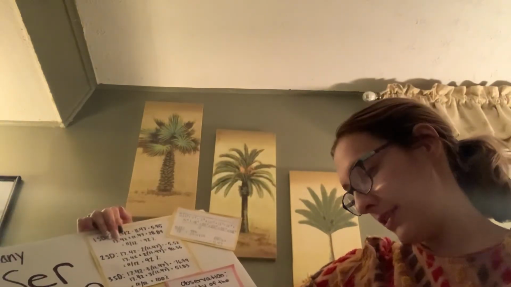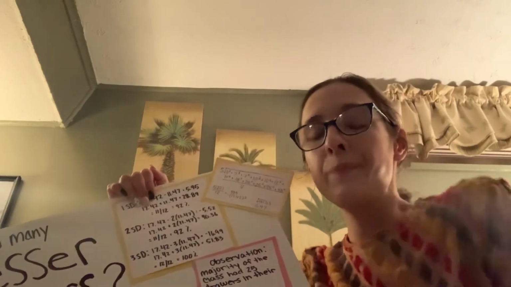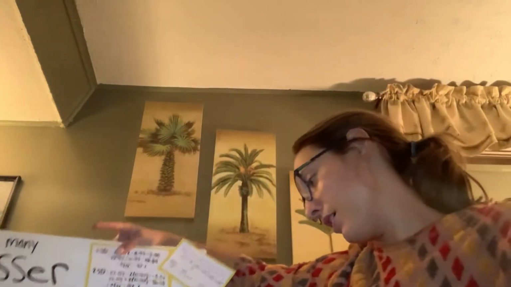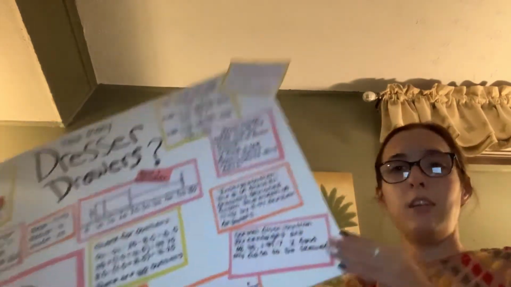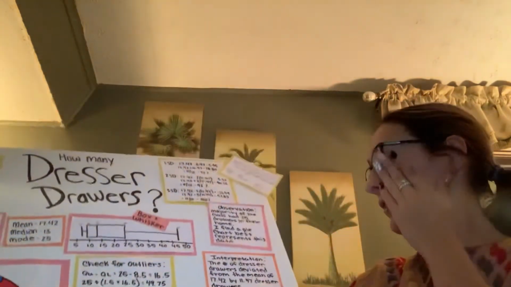So with that, what I concluded was that it was not normal. I felt that my data was skewed, and I say that because the normal percentages are 68, 95, and 99.7, and I listed that here, so I did find that it was skewed.